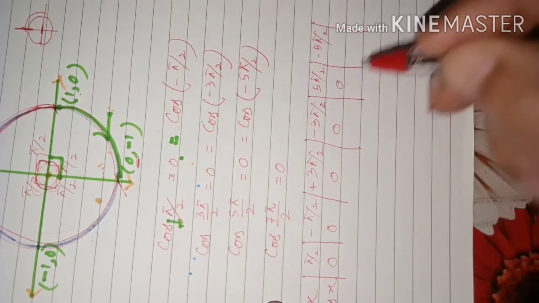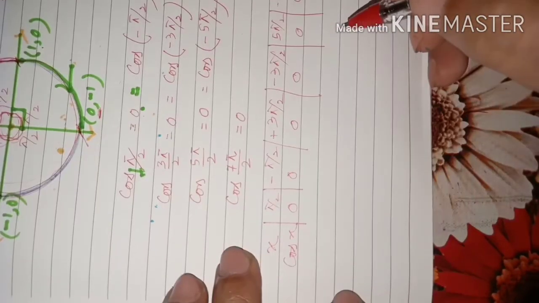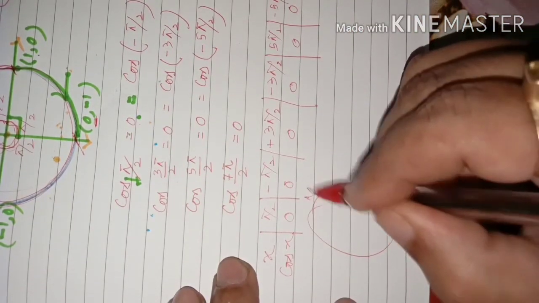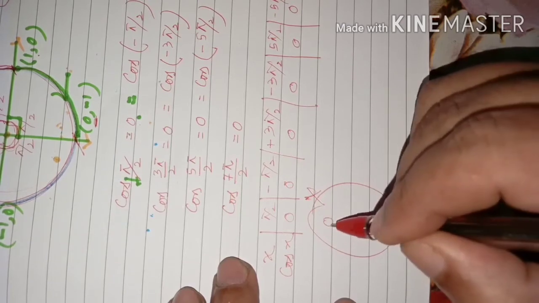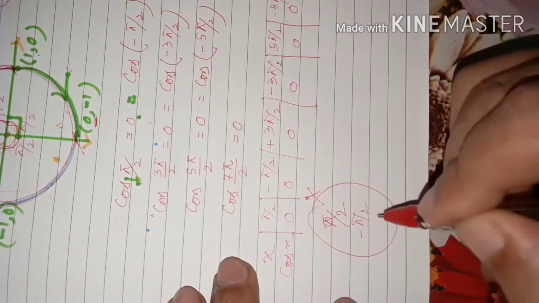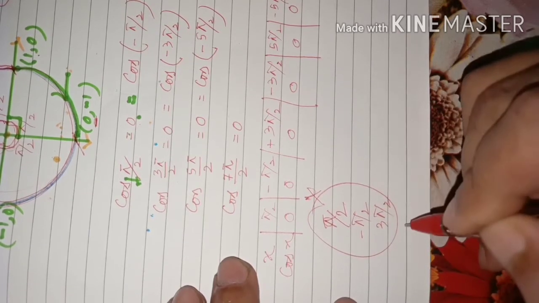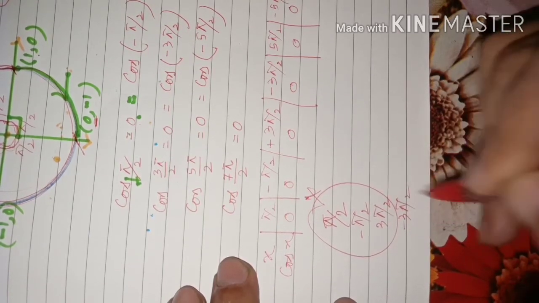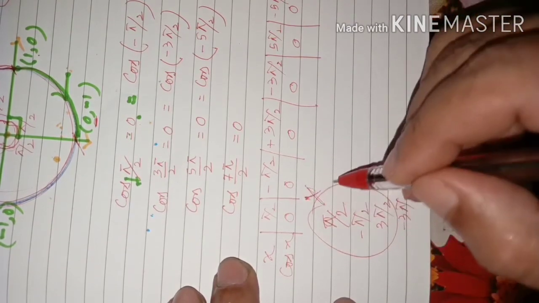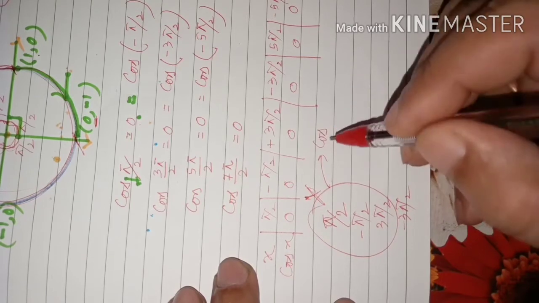We can define a function then from x, these values of x: pi by 2, minus pi by 2, 3 pi by 2, minus 3 pi by 2, 5 pi by 2, minus 5 pi by 2. From all these inputs, the cos function.